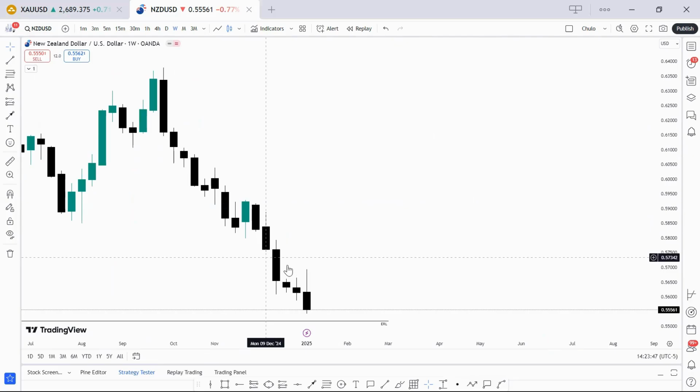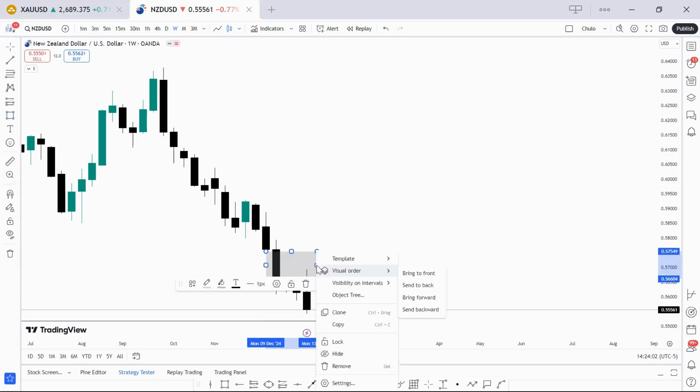Last week we said that price is going to come into this internal range liquidity here, and check the date. This is 6th January, which is on Monday. So yeah, price coming into this weekly fair value gap here.